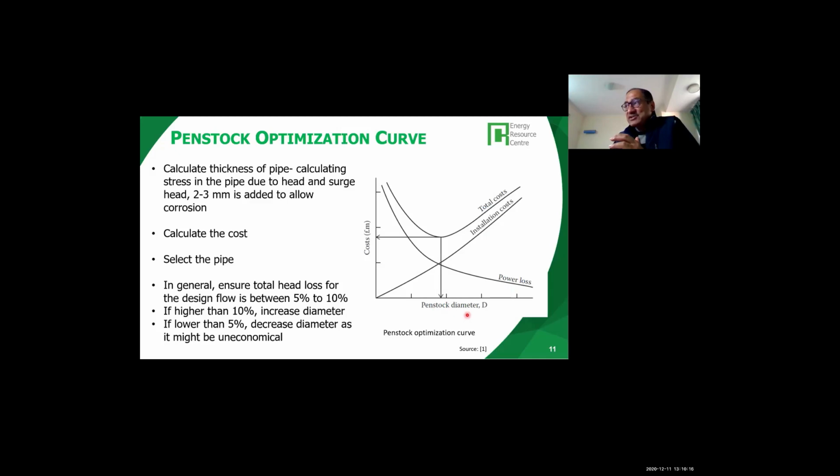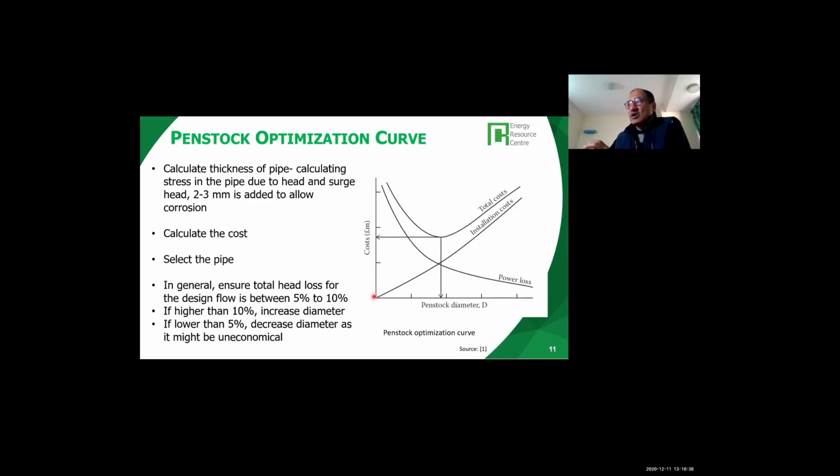So once the diameter increases, the power loss, all the head losses will decrease, which means the loss in power is also decreasing. But also the other factor is, once the diameter increases, the cost of installation increases.